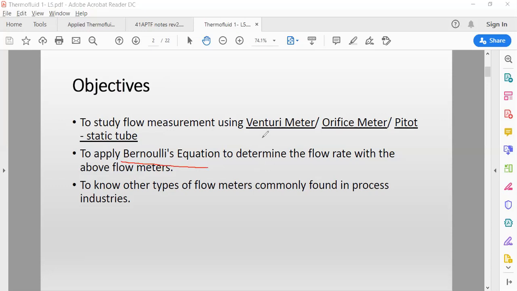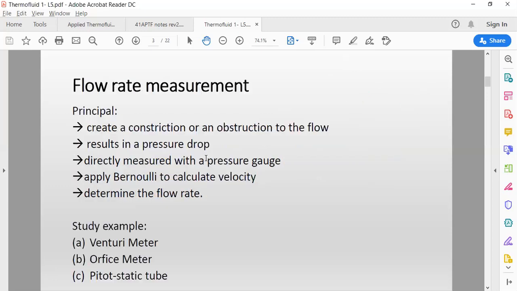We'll be studying these 3 measurement tools. Regardless of which instrument we are using, the principle for flow rate measurement is almost the same. What is the general principle? The first thing is we need to create some form of constriction or obstruction to flow.